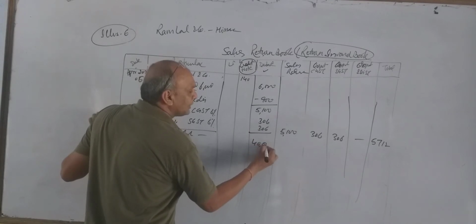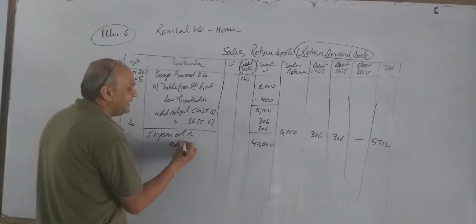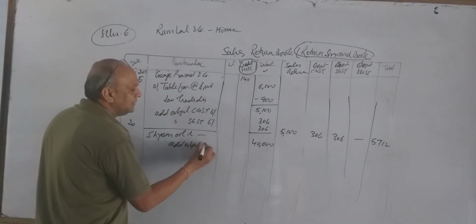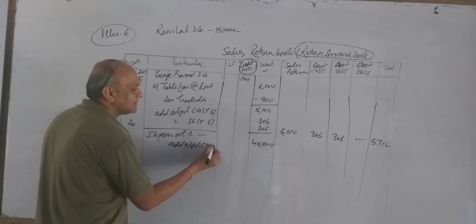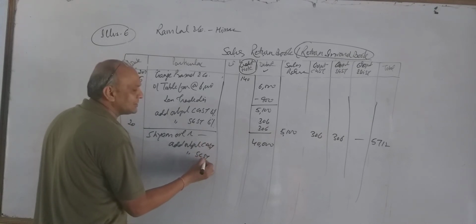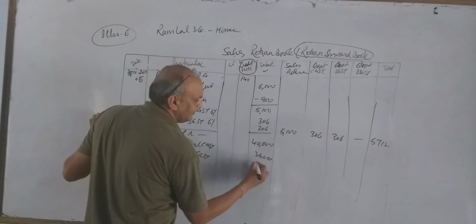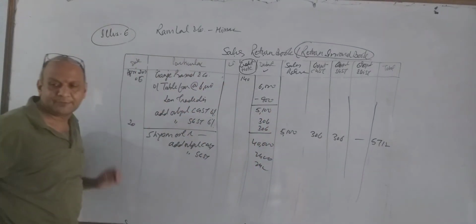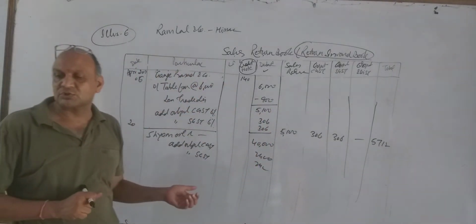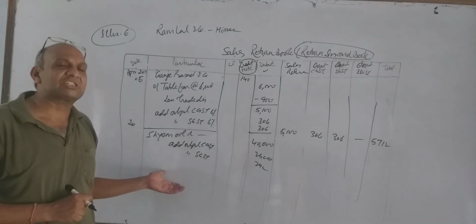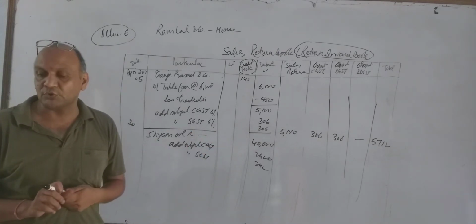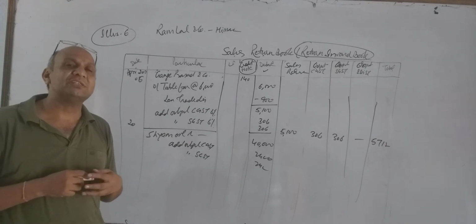There is no trade discount, so directly add output CGST, output SGST, 6%. Now I think you can write easily. And the last item is allowance to Sanjay and Company due to a mistake in the bill. The same entry we are going to pass with output CGST, SGST.